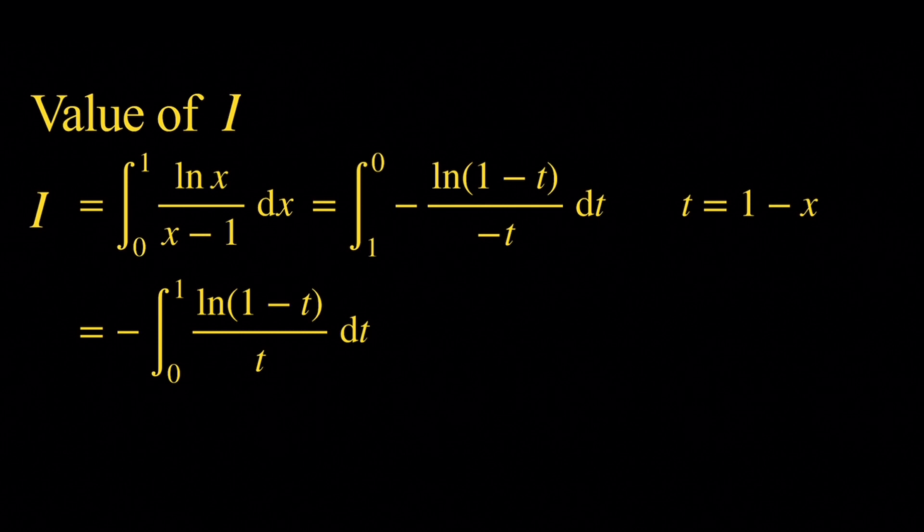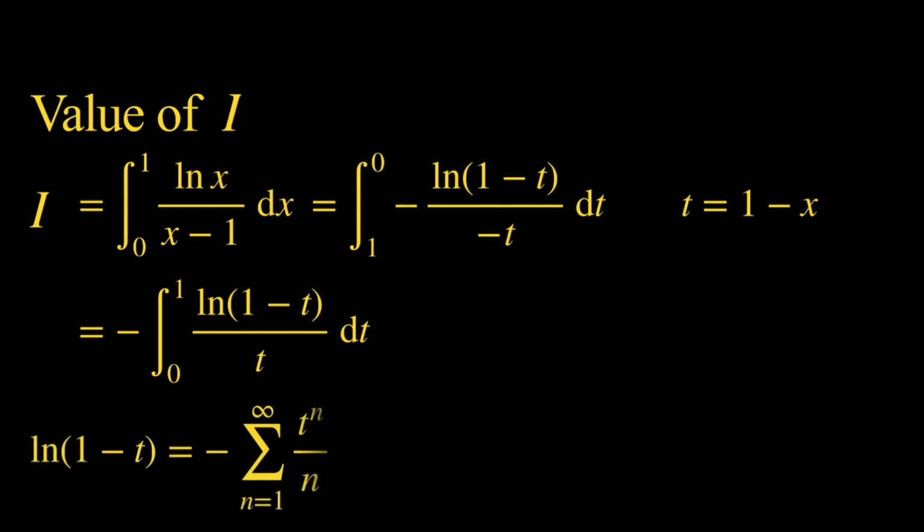And then we use the power series of natural log of 1 minus t around 0. And that power series is given by the following sum, and it converges for t between negative 1 included and 1 excluded. So now if we replace, we're going to get that I is equal to negative integral from 0 to 1 of negative 1 over t, sum as n goes from 1 to plus infinity of t to the n over n dt.